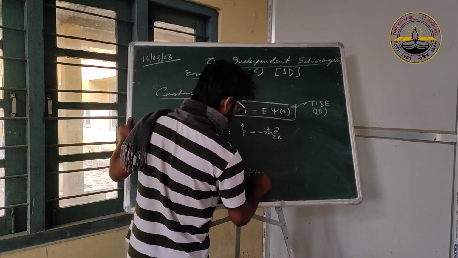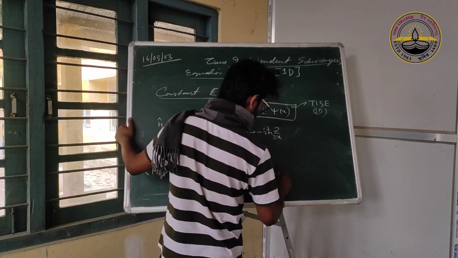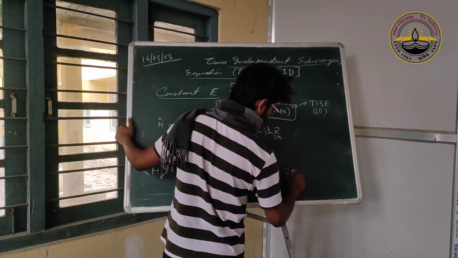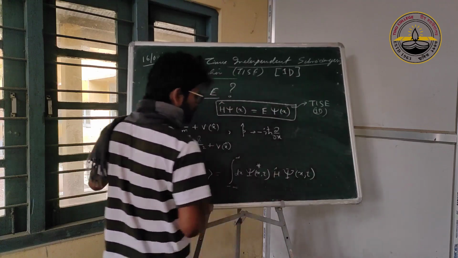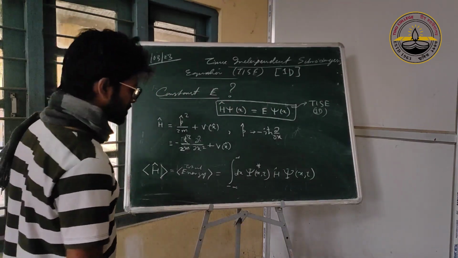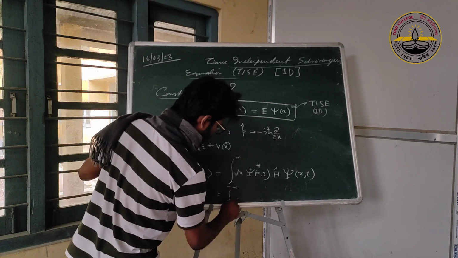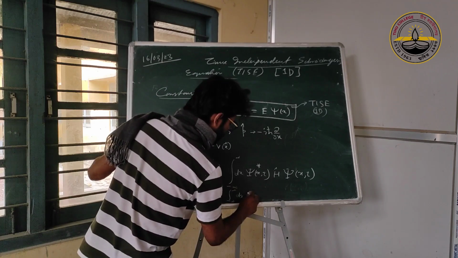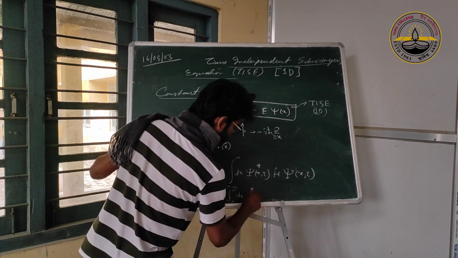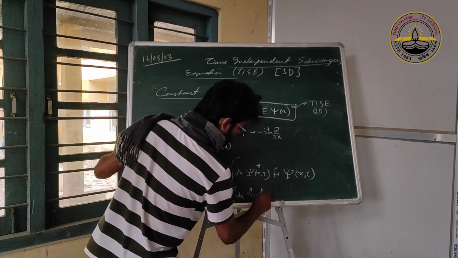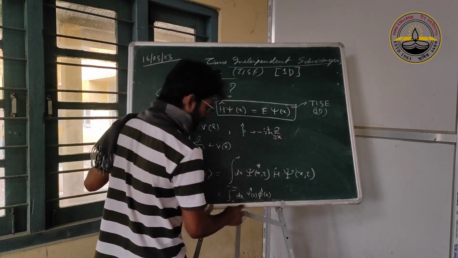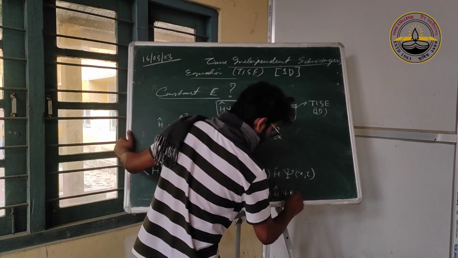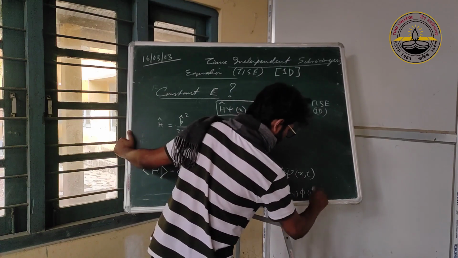So psi of x,t, and then put H in the middle, psi star of x,t, on what? On the stationary states. So dx, and this will become just psi star of x, phi star of t, and then H in the middle, psi of x, phi of t.